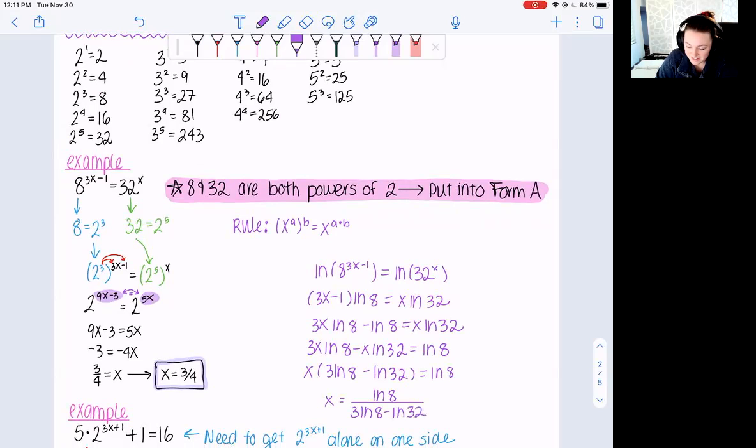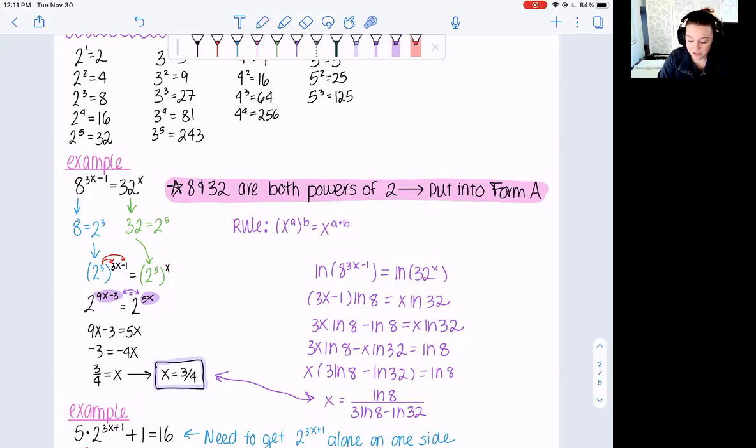And believe it or not, these are the same answer. So if I type in my calculator right now, ln 8 divided by 3 ln 8 minus ln 32, I get 0.75.